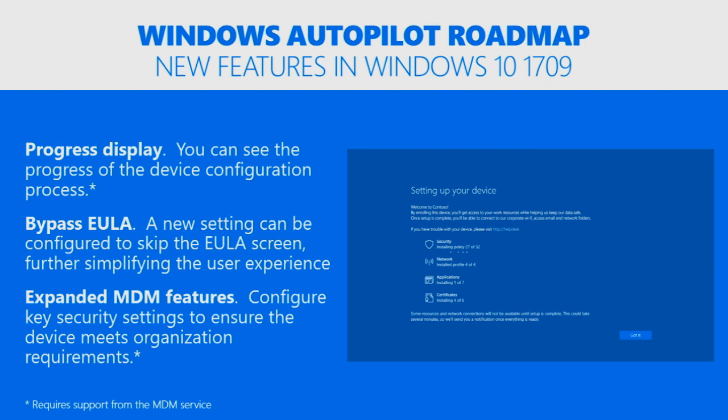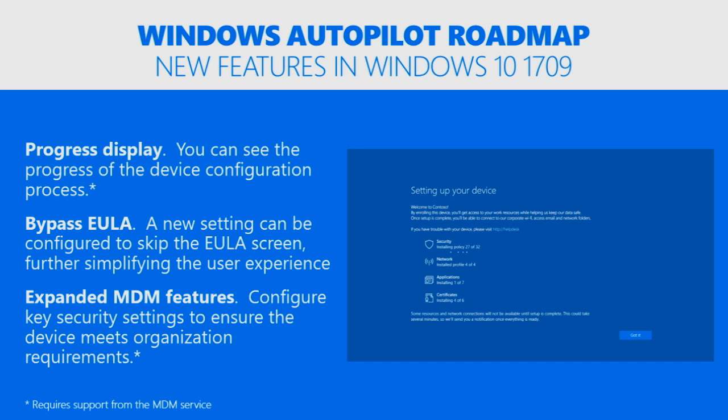That's something that will be in Windows 10, the Fall Creators Update when it comes out next month. That will require some additional work on behalf of the MDM providers to enable that because the MDM service needs to be able to tell the Windows 10 device, here's everything that I'm going to do, please display the progress as I'm doing that. So you won't see that right away, that will take a little bit of additional time.